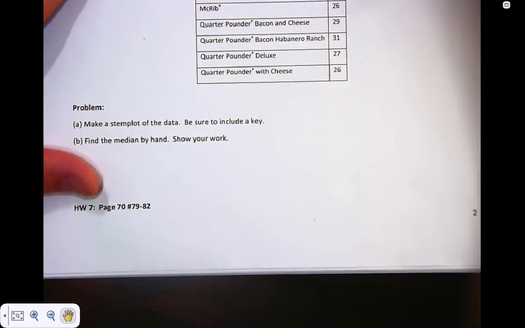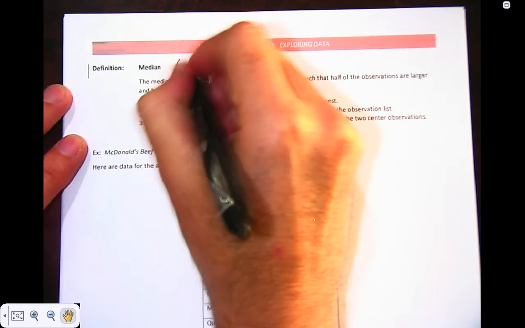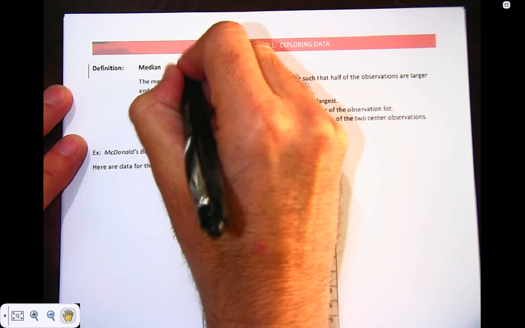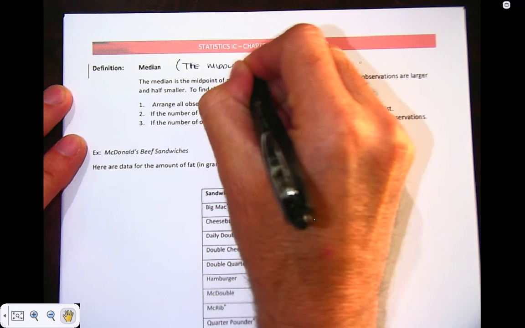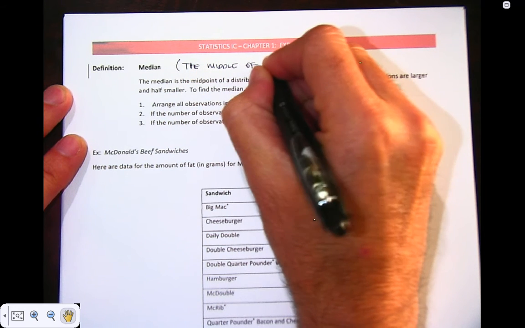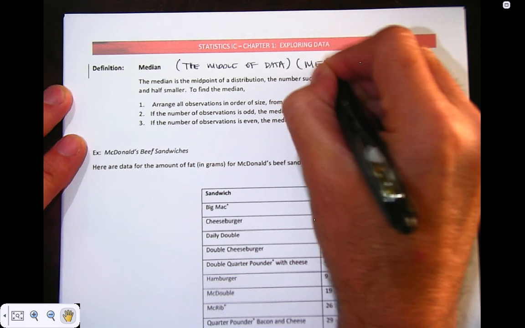On page 2 here, we've got the median, which is also a measure of center. Right? So the median is the middle of data, and it is a measure of center.